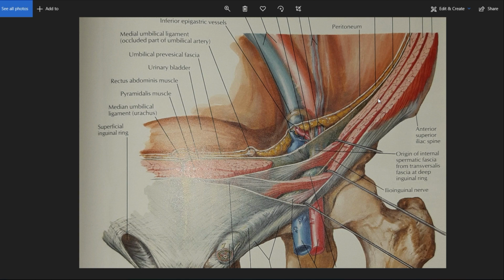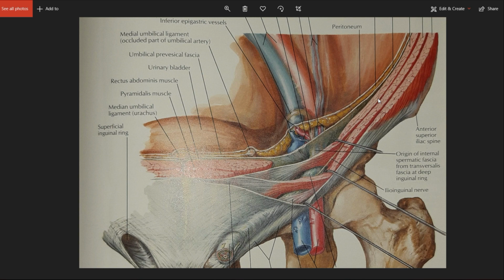You might also have accessory suprarenal cortical tissue in it as well. So those are the abnormal constituents of the spermatic cord.